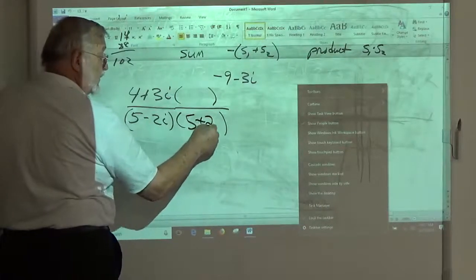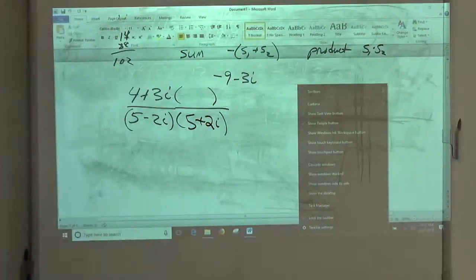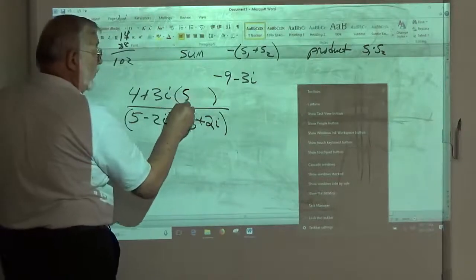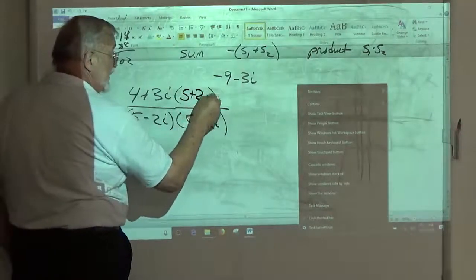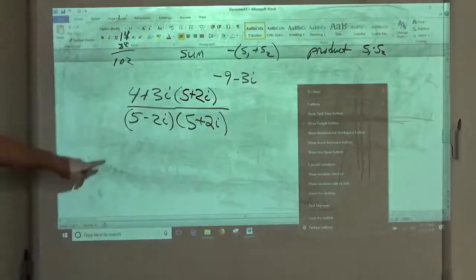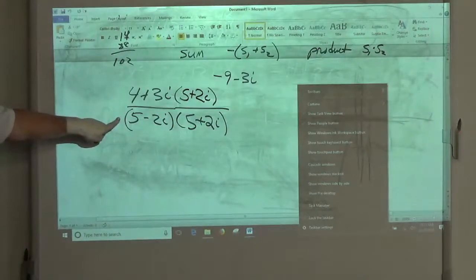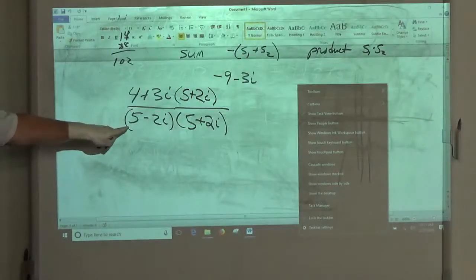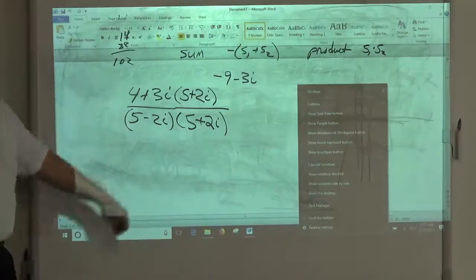Plus 2i. 5 plus 2i is the conjugate. Now, we have to multiply by a value of 1 so that we don't change it, so the top is that. Now, this is the sum of the squares, so it's 25 plus 4.